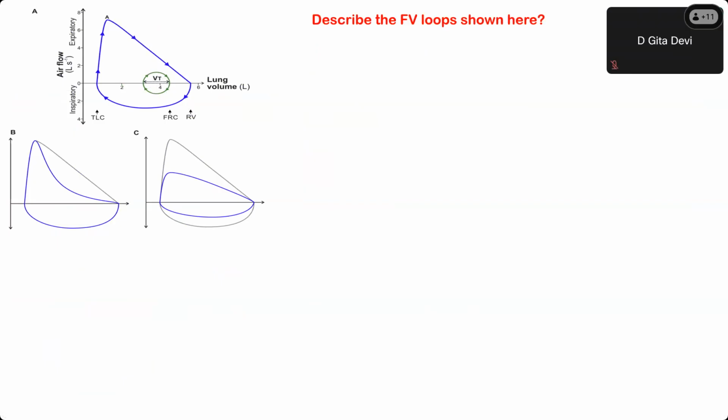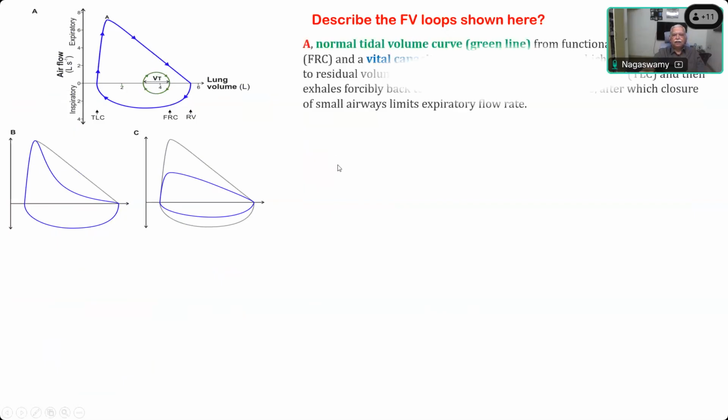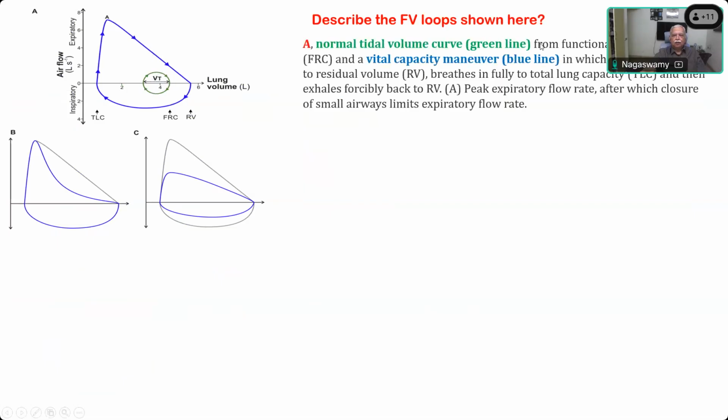Tidal volume. Inspiratory and expiratory tidal volumes have been plotted here. Small normal breathing. But when you do a flow volume, you do a forced inspiration and expiration. So this green is the normal tidal volume, and blue is the vital capacity maneuver, where you plot the inspiratory and expiratory curves.